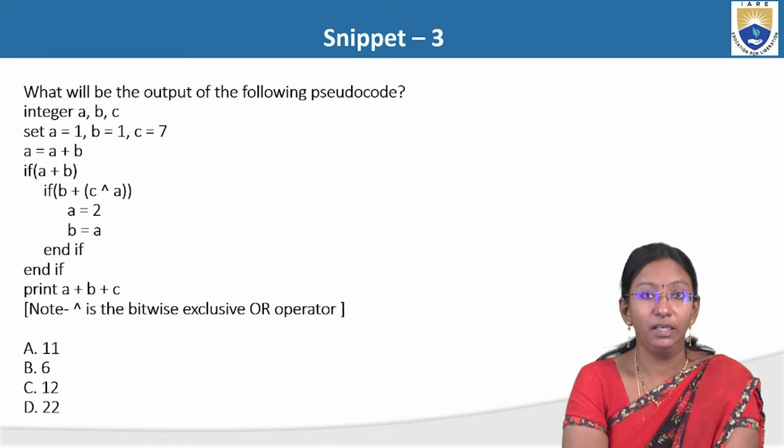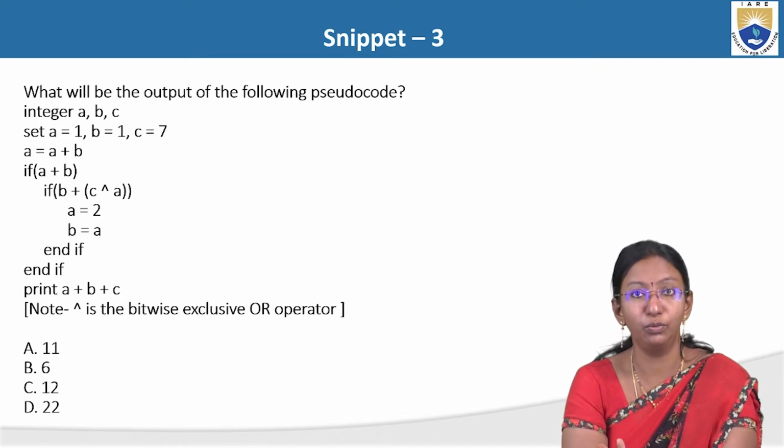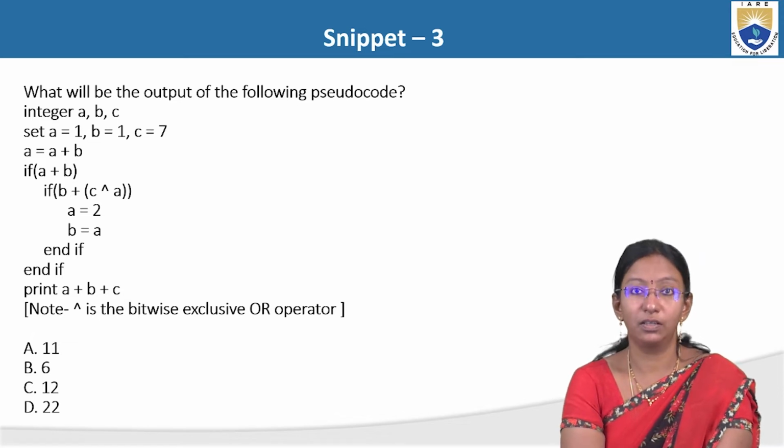Even here we do not have any loop structures, no iterations, guys. This is a simple pseudocode, but if you look at this one, the one who is familiar with expressions as a condition will think that it is a simple one.